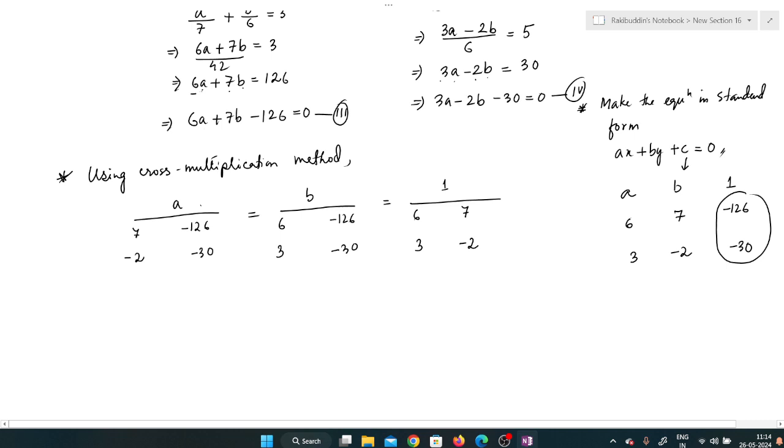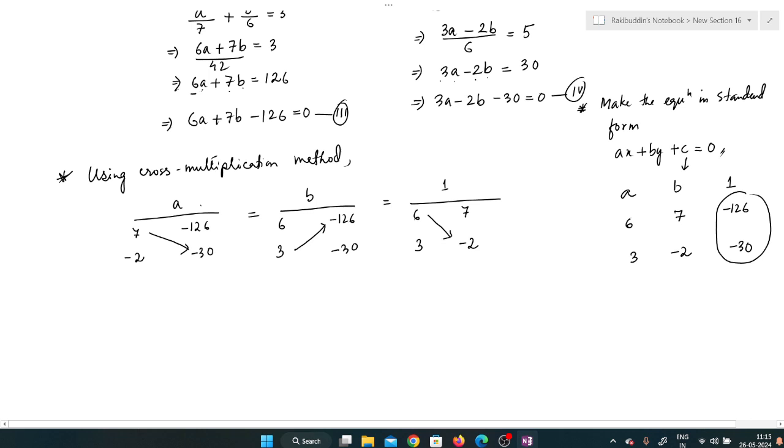Now in this case we will go from top to bottom. Use only one arrow, don't use multiple arrows, it will create confusion. First we descend, then we go up, and then we go down.